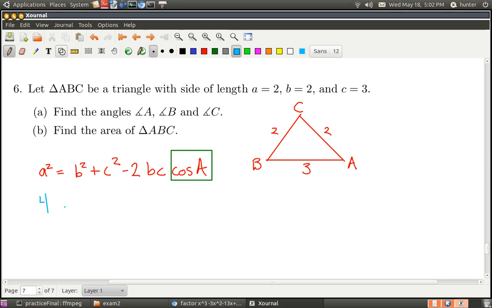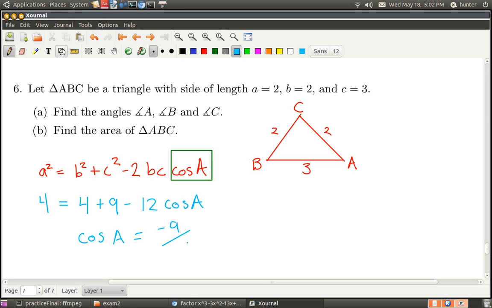So this is saying that 4 is equal to 4 plus 9 minus 2 times 6, which is 12, and we've got cosine A here. And let me just solve for cosine A. So cosine A is equal to, I've got, this is 13. Take it away from both sides and you get minus 9 over here, right?